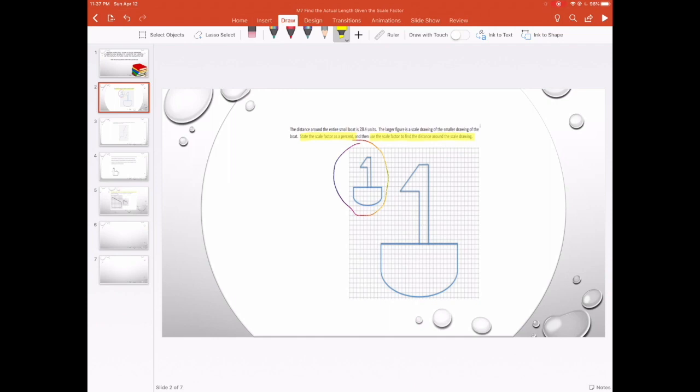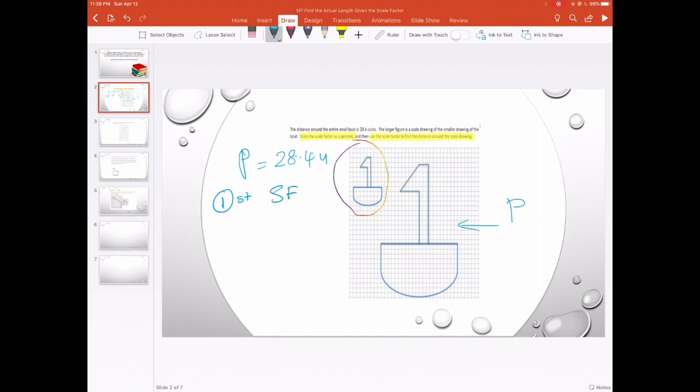So they're giving us a perimeter of 28 and 4/10 units, and they want us to find the perimeter for this big drawing. So first thing, we have to figure out what is going to be our scale factor.